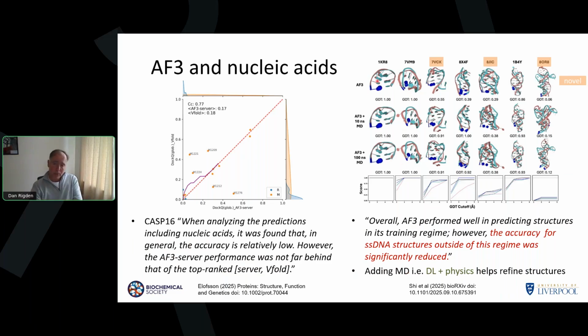So here, for example, the initial model from AlphaFold 3, they ran some molecular dynamics. So that's introducing an understanding of the physics of the system. And in many cases, that's improving the quality of the model. So this combination is still a very current theme.